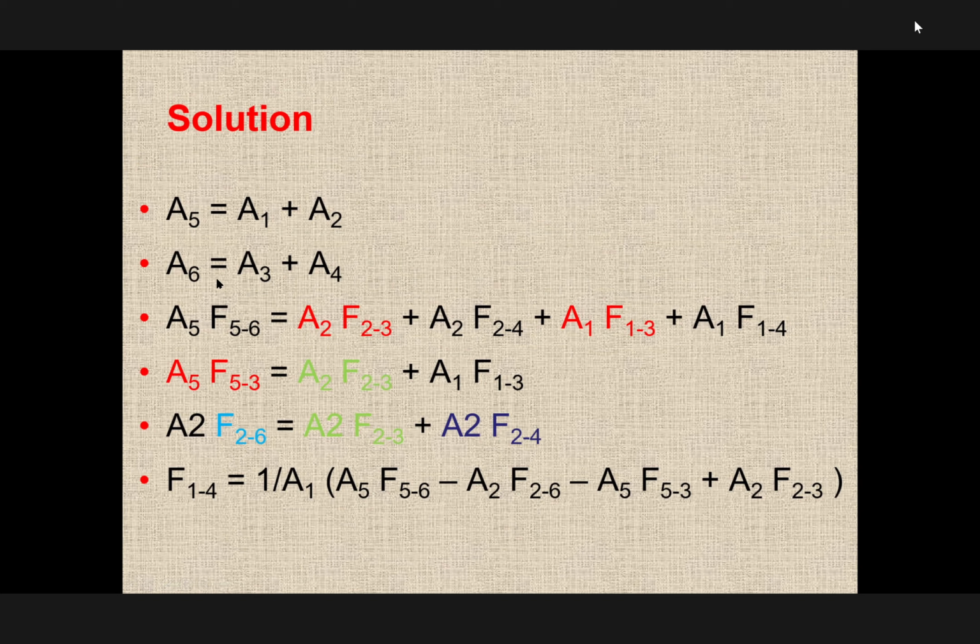If you look at the drawing that you have, you can write the shape factor of 5 to 6. I can break it down: 2 to 3, 2 to 4, 1 to 3, and 1 to 4. Please go through this expression.